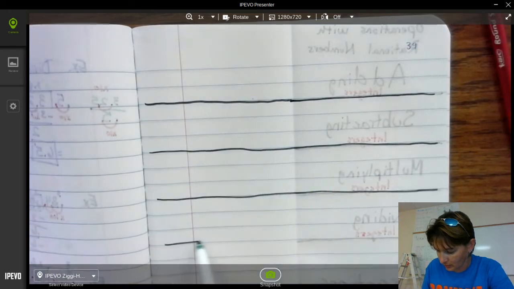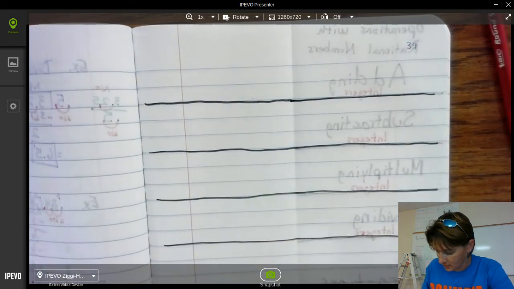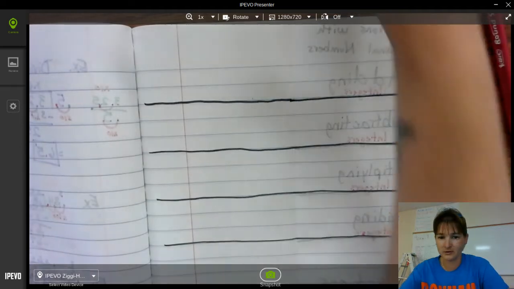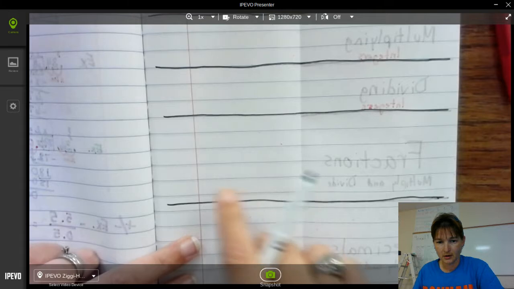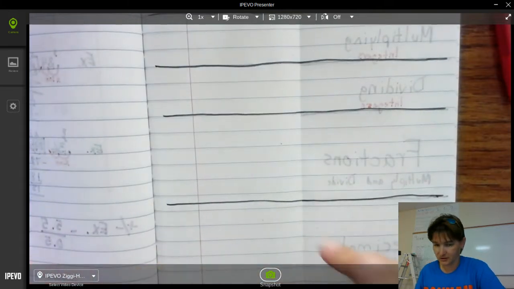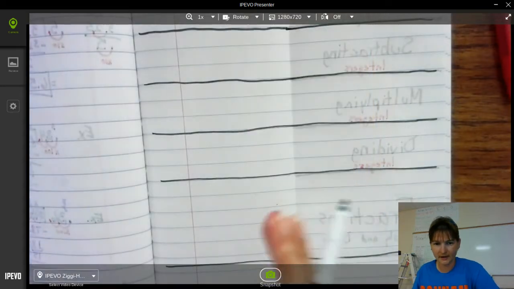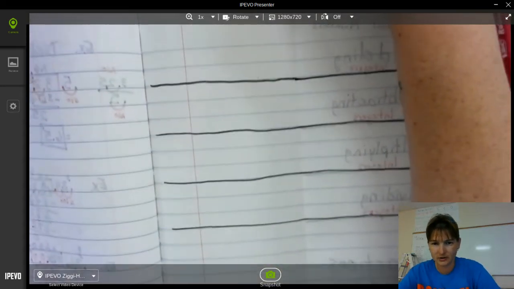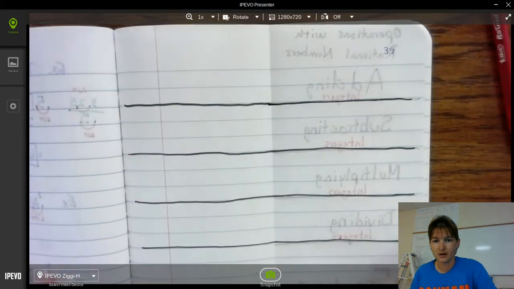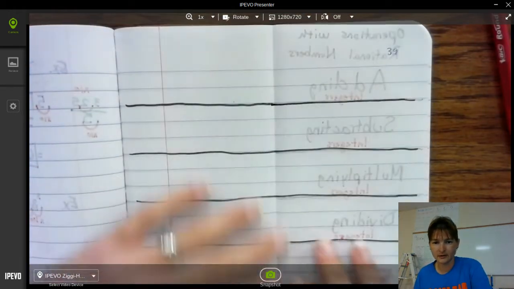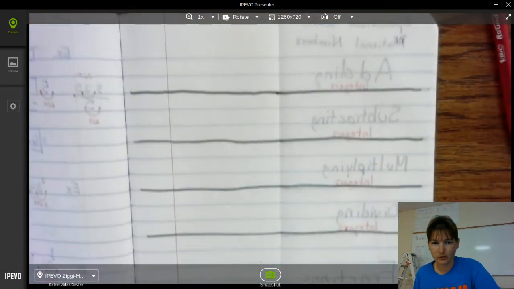Just go ahead and make your lines the best way you can. This one down at the bottom, I don't know if you can see, I'm pretty far though. Just as best as possible. Okay. You don't need a line up and down because these sections are going to coincide with each other anyways. All right, so from the front to then the back of your foldable.